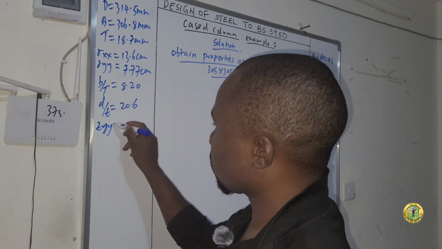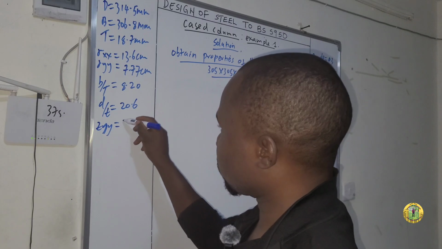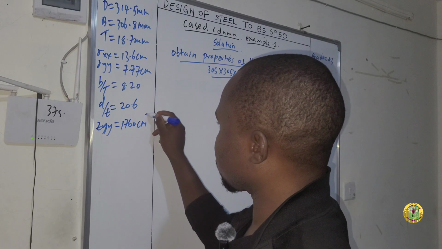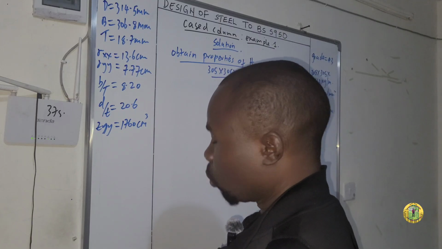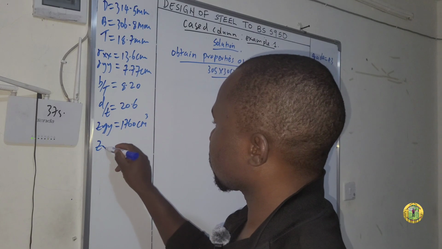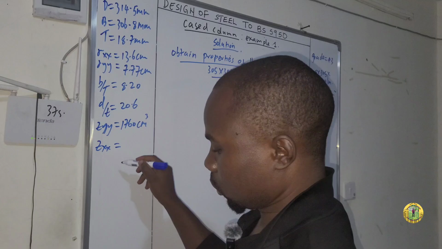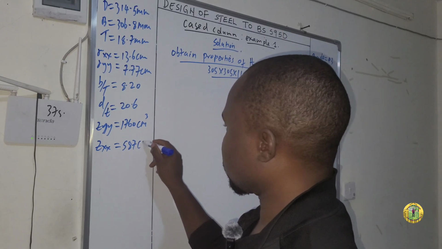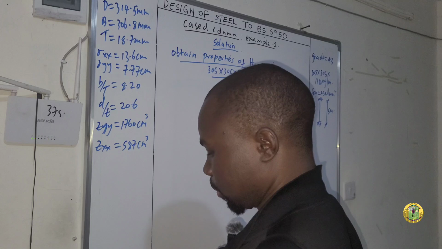And then we have ZYY is equal to 1760 centimeters cubic. We have ZXX is equal to 587 centimeters cubic.